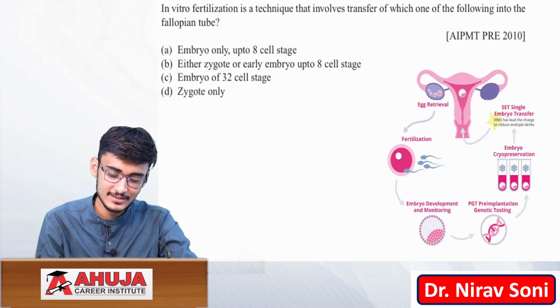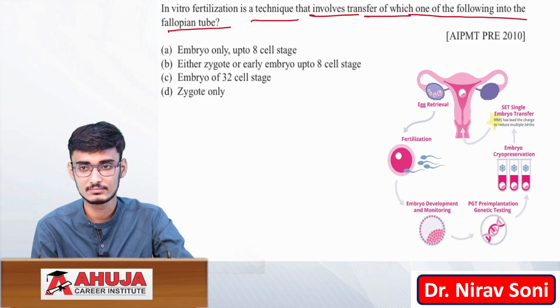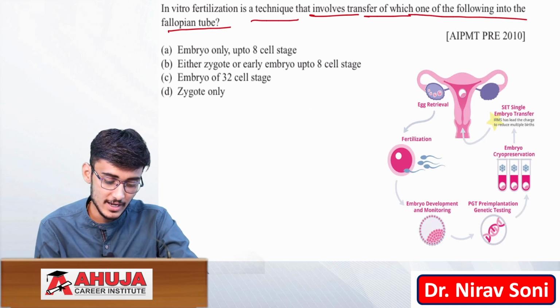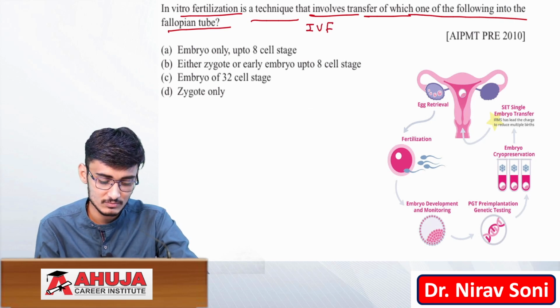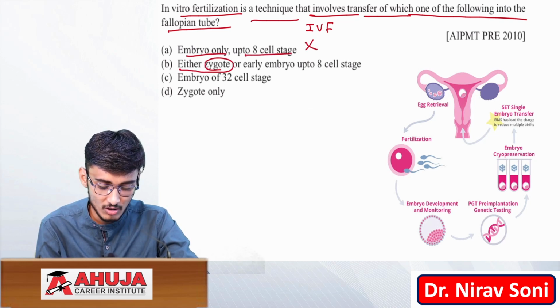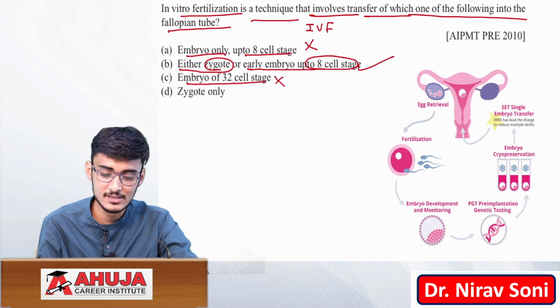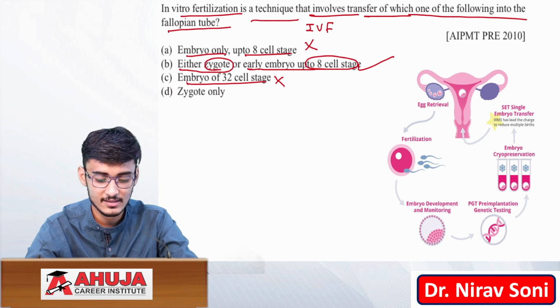In vitro fertilization is a technique that involves the transfer of which one of the following into the fallopian tube? To find the proper answer: in vitro fertilization, called the IVF technique, involves the transfer of which one of the following into the fallopian tube? Embryo only up to 8 cell stage? No. Either zygote or early embryo up to 8 cell stage? Yes. Embryo of 32 cell stage is called the implantation stage. You cannot find that in the IVF technique. IVF is only for fertilization outside of the body, that's why it's called in vitro.